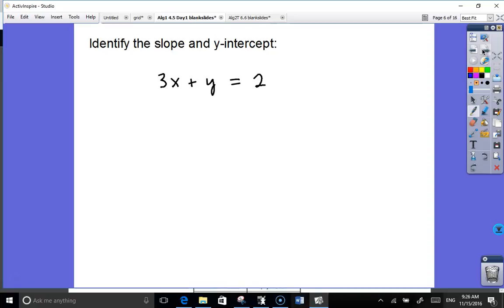So how do I solve this one for y? Subtract 3x. Or, like I was trying to get you to do before, if it's positive on the left, what's it going to be on the right? So it's y equals negative 3x plus 2. So now, what is the slope? Negative 3, whatever's in front, and b is 2.